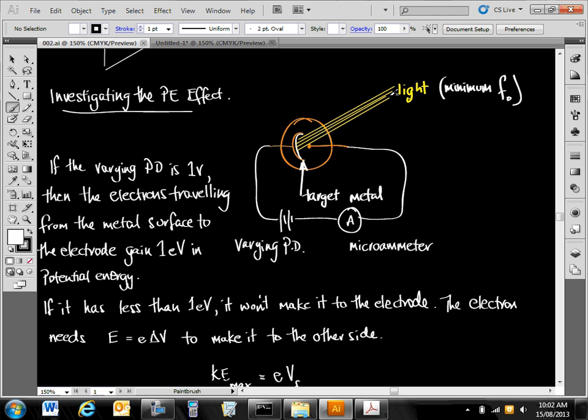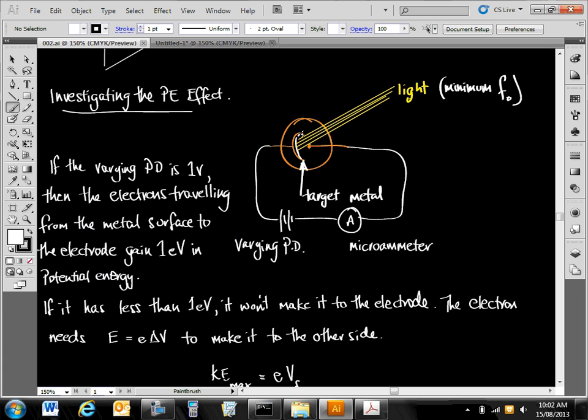We shine light with minimum frequency of the threshold frequency onto that metal surface. And what happens is, of course, the metal surface emits electrons. Because this is a semicircle, it should be parabolic and have a focus, theoretically.